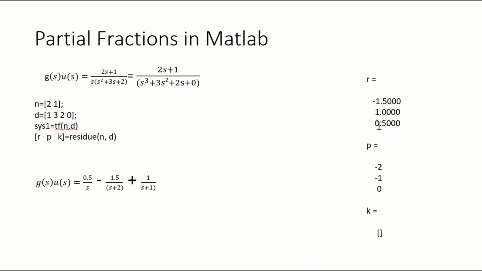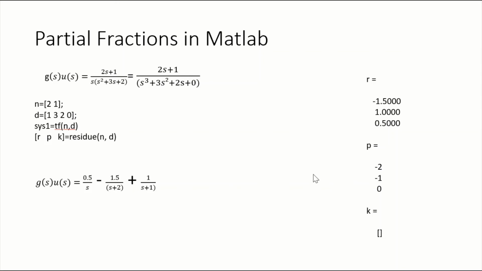And then these are the numbers, sorry, these are not poles, these are the partial fraction top lines. So we've got minus 1.5, which is that minus 1.5, the 1, which is the 1, and the 0.5. And then these ones here tell you which it goes with. So the minus 2 goes with the first one, so that's the s plus 2. So that sign changes to go in there.